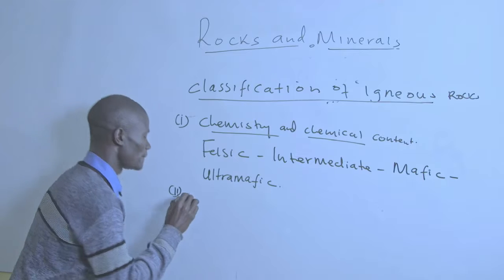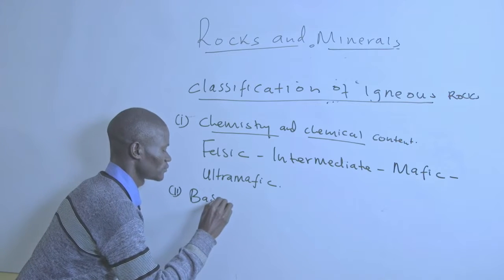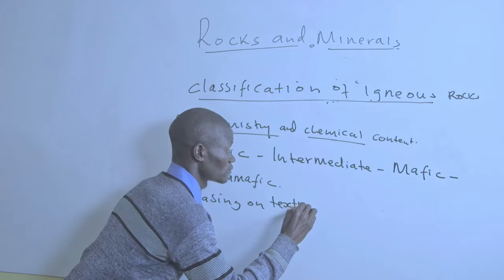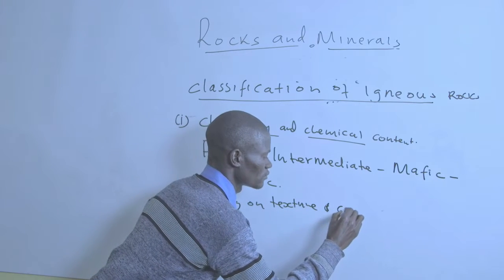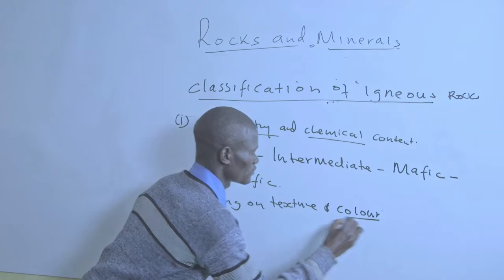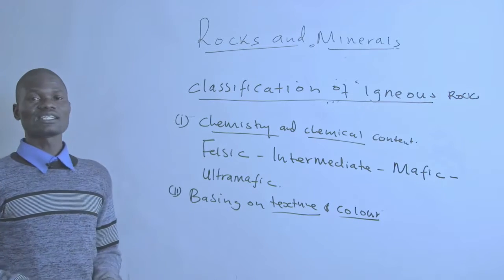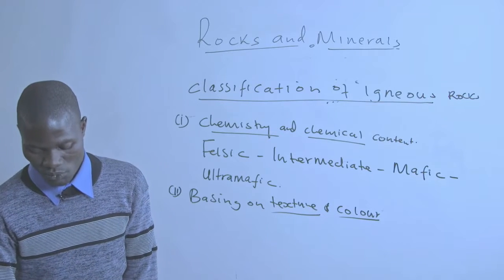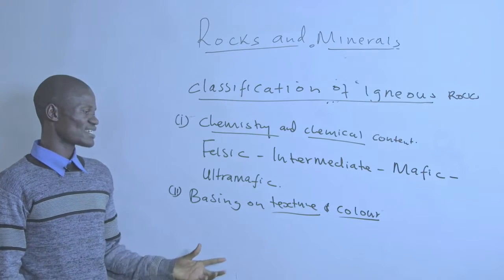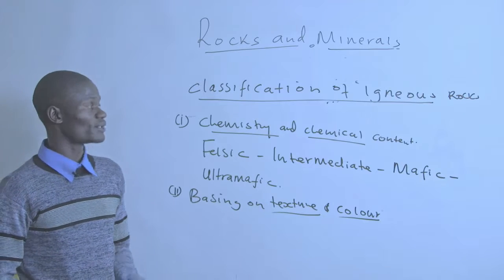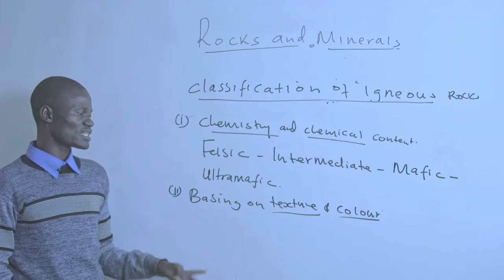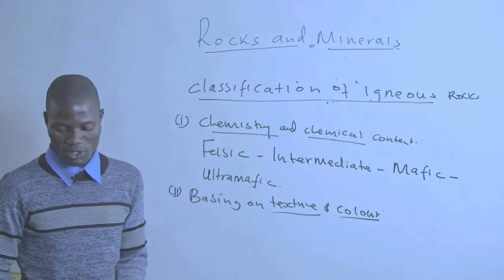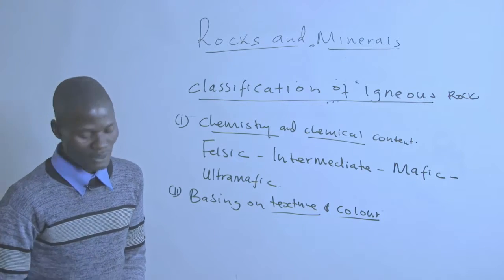Based on the texture and the color of the rock, we will have two types of rocks, and we will narrow down to this level because we will be able to understand them much better and clearer.